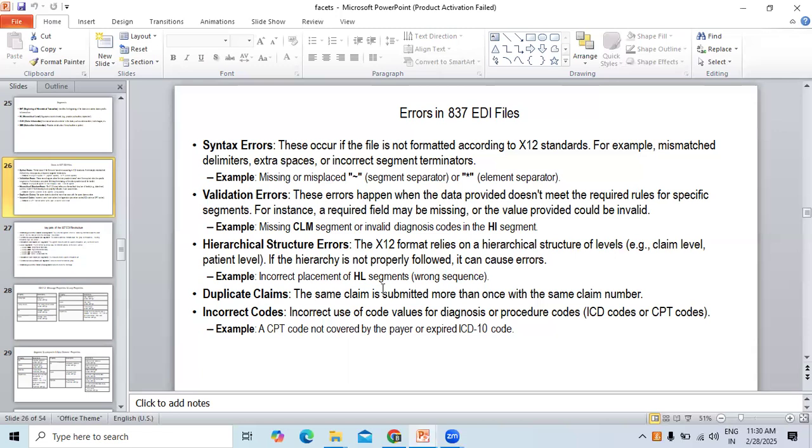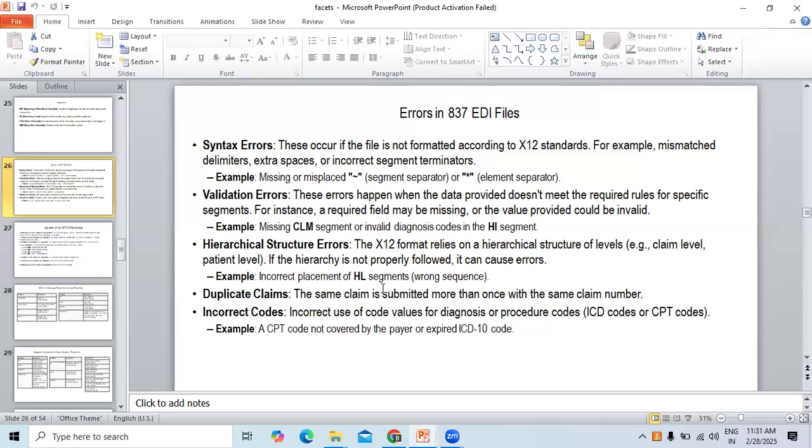When we have not followed the standards, or file-level format things were not submitted properly, automatically you get syntax errors. For example, let's say you have given an extra space between two words; one space is enough, but you gave two spaces. Automatically, it will give you an error.